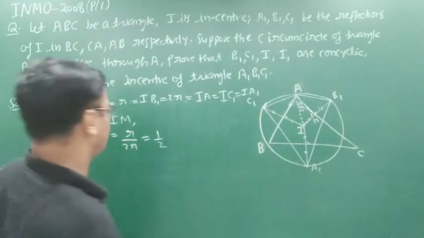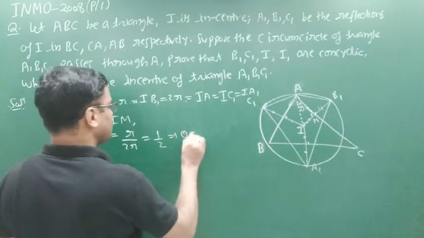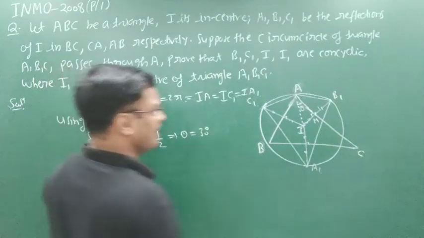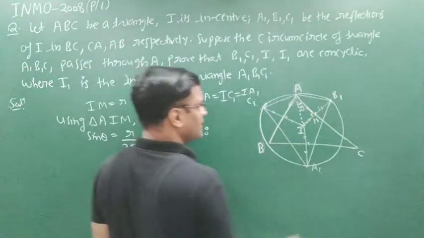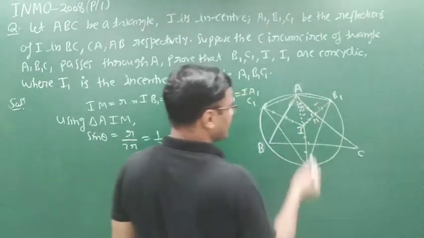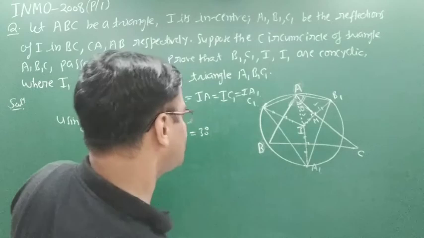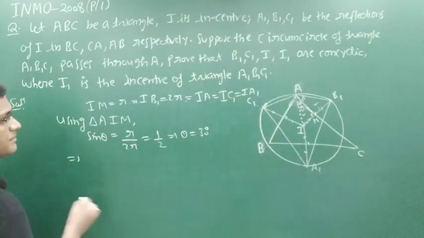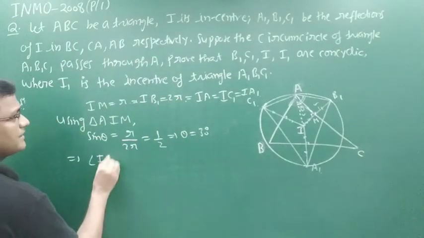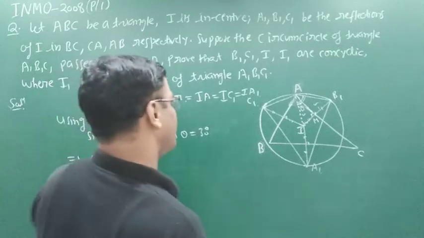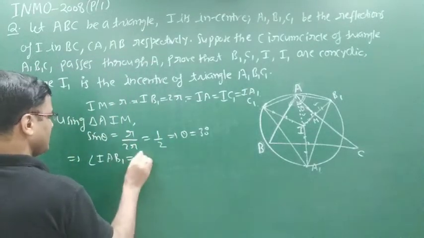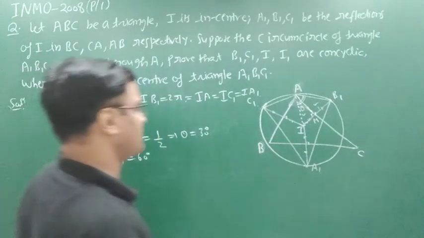Sin theta is half, this implies theta is 30 degrees. If this angle is 30 degrees, then these two triangles are congruent. It means that this whole angle is 60 degrees. This implies angle IAB1 equals 60 degrees.